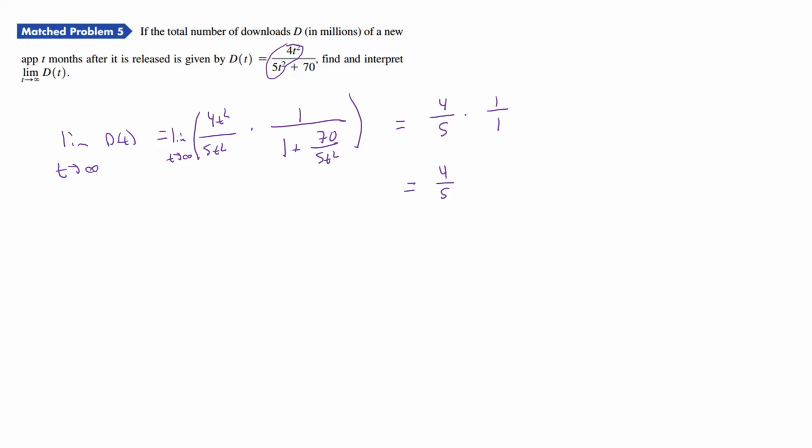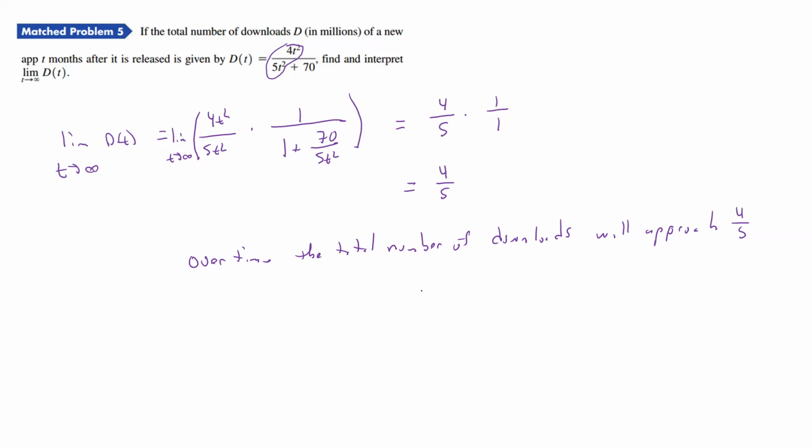Now, what does that mean? Because it says interpret. Over time, as t approaches infinity, the total number of downloads will approach 4/5.